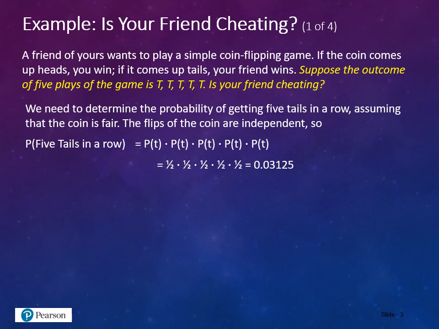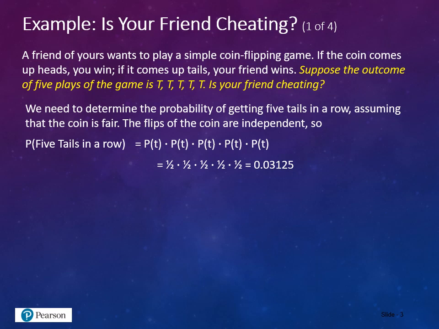So we need to determine the probability of getting 5 tails in a row so we can compare that probability to what actually happened, as we've done in previous sections. The flips of the coin are independent, meaning each flip has no impact on the next flip. So 5 tails in a row is the probability of flipping a tails on one toss and then that same flip for the next toss for 5 times.